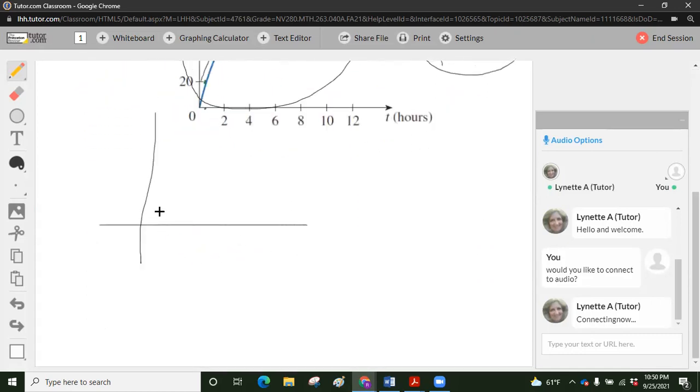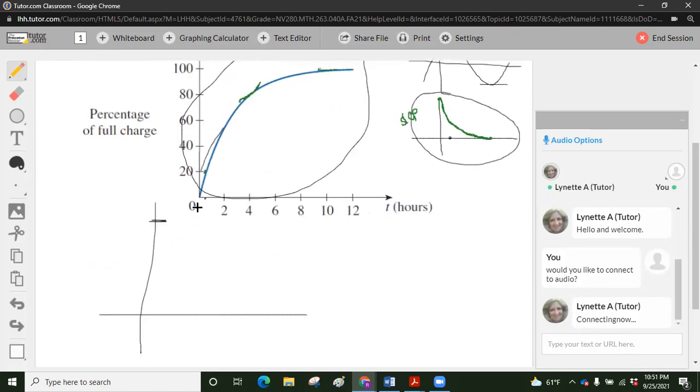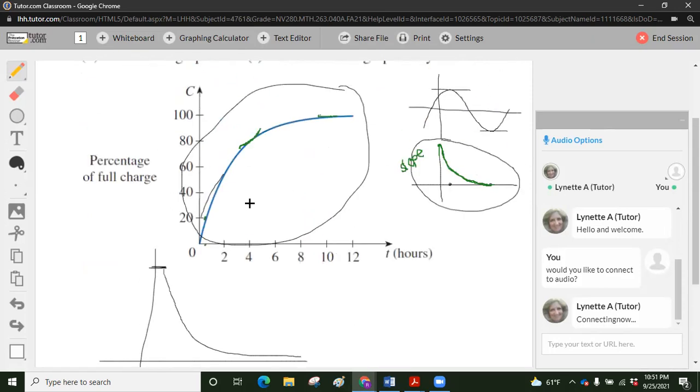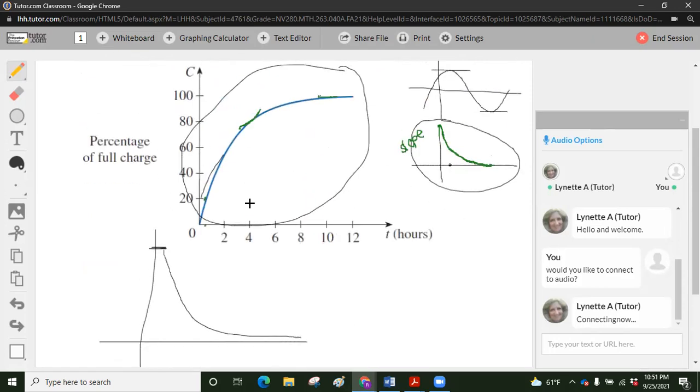So you're saying that that could be represented as a very high positive value, and then because it's getting closer to 0, yeah, yours looks more accurate than mine does. I got too close to my x-axis, but you see how it's approaching 0.